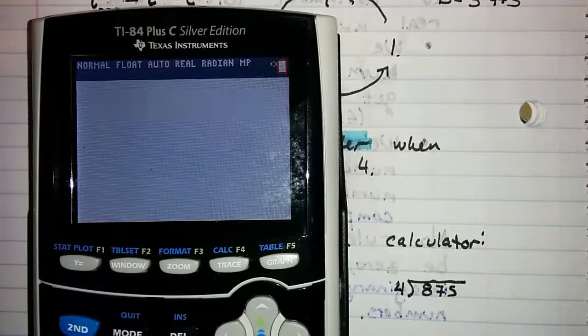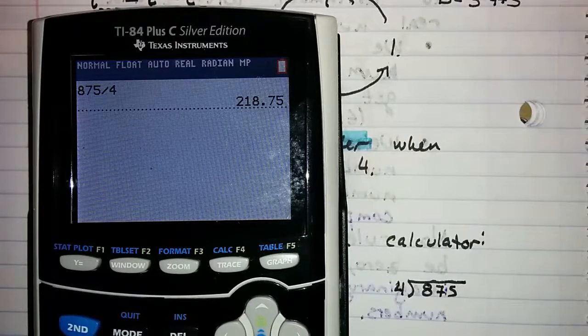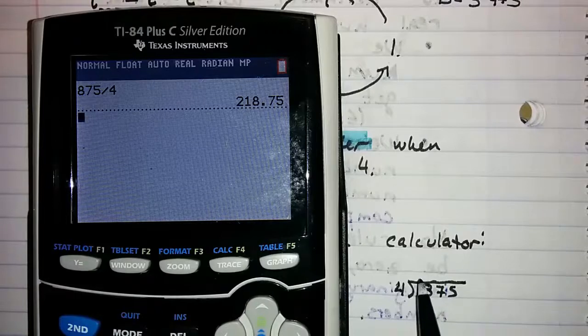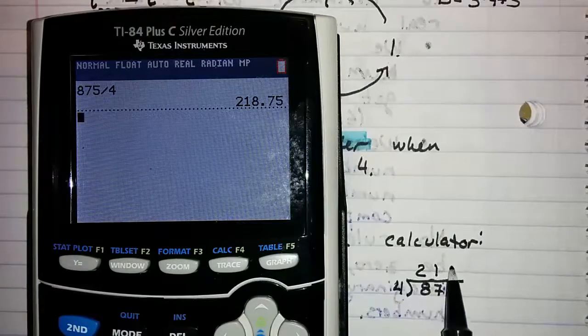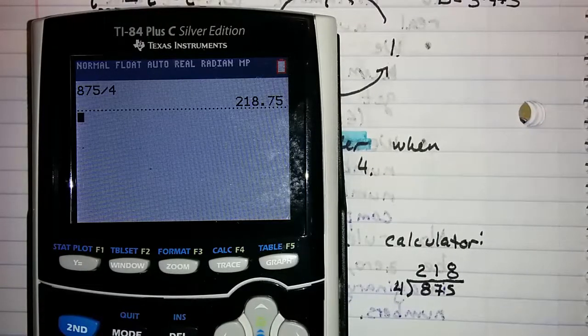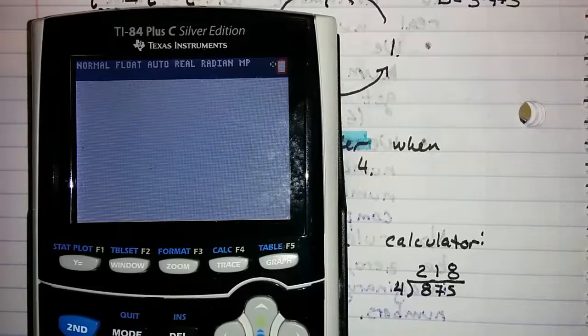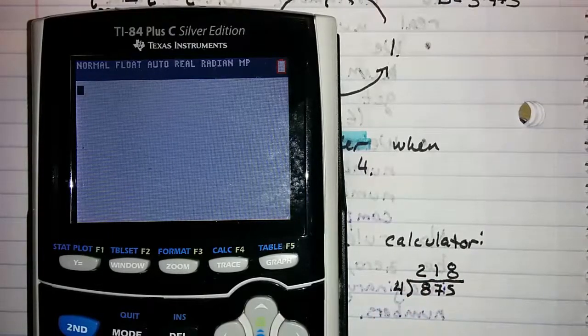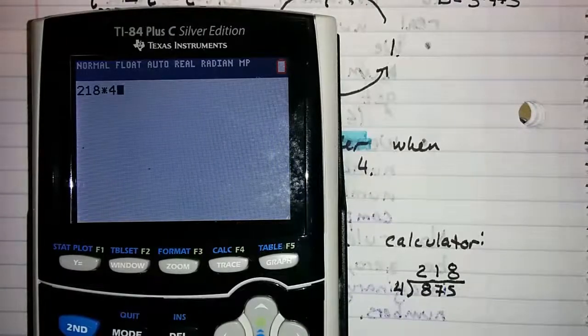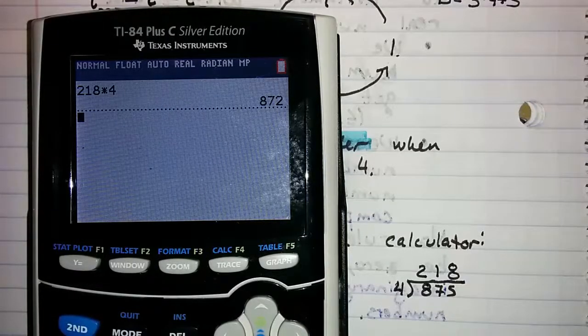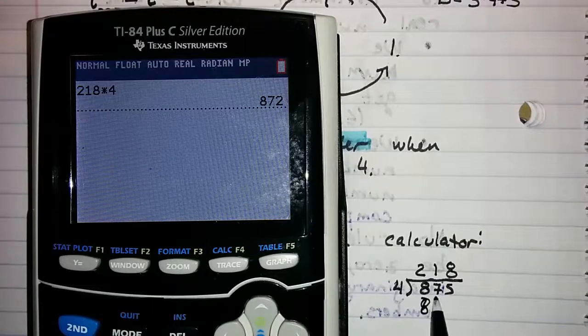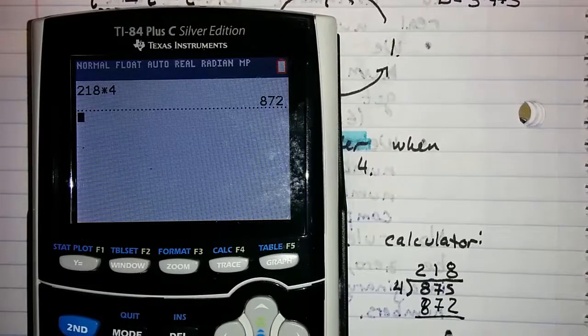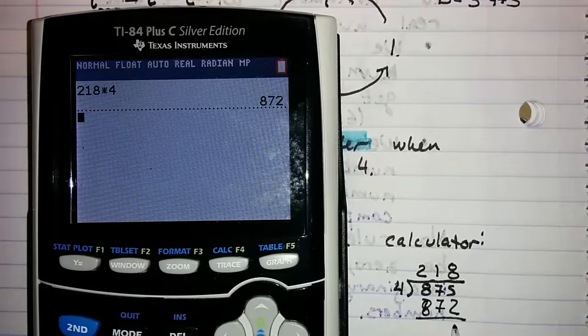875 divided by 4 gives me 218 and a decimal. So I get 218 complete groups of 4. 218 complete groups of 4 uses up 218 times 4, or 872 of my things.